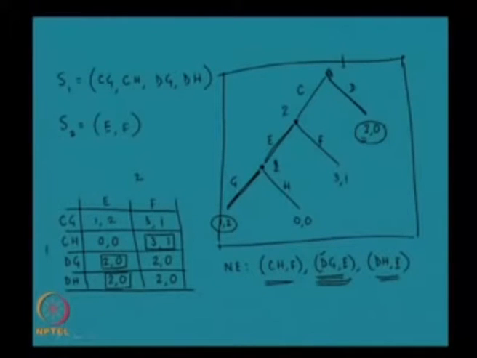The first subgame is very easy to see, the game itself, which comes after the empty history. Then there is a subgame which comes after the history C, which is this, and there is a subgame which comes after the non-terminal history CE, which is this. So, here I have 3 subgames.